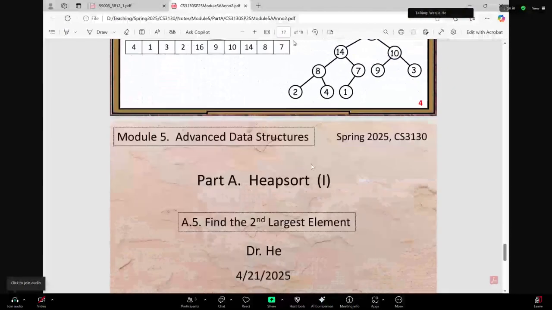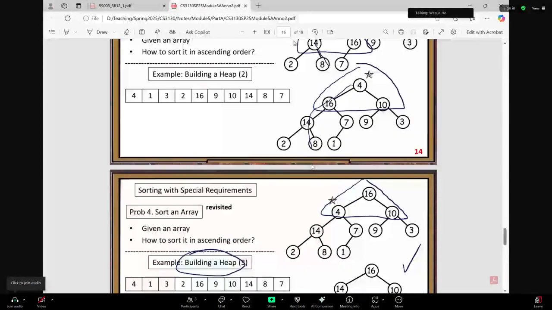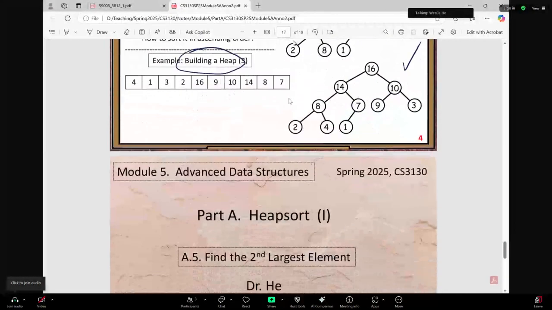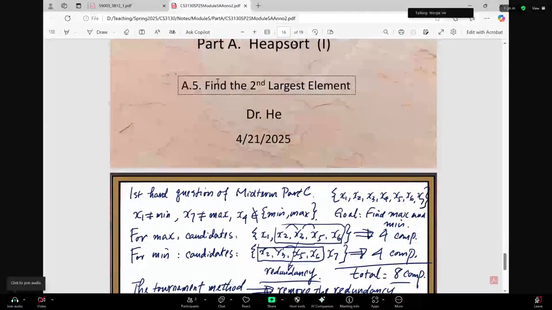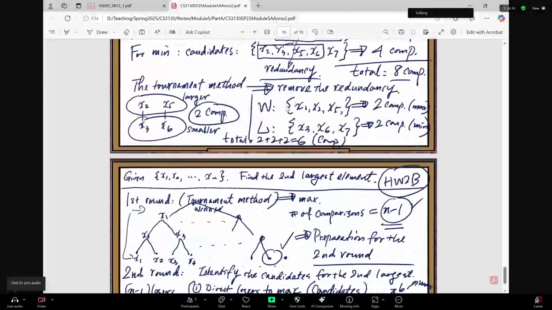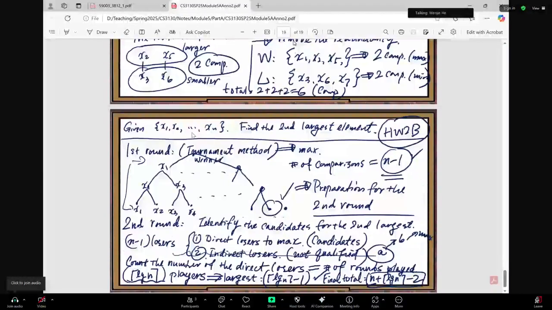Because A1 I only did the introduction, right? I didn't do the heap part. I did the introduction. So A2. Can you see here? 8.5. Find the second largest, smallest, the same formula, right? Then the details are here. The first slide is a midterm question. So you look at the second slide.